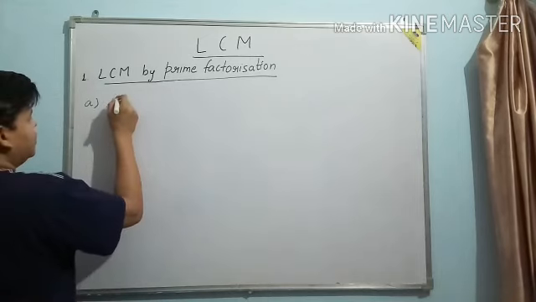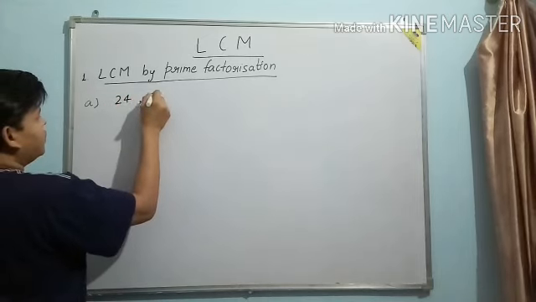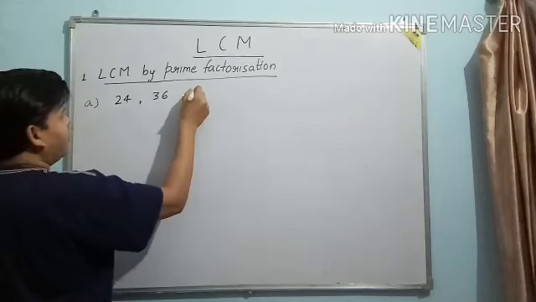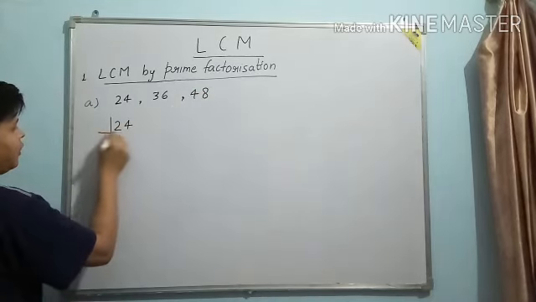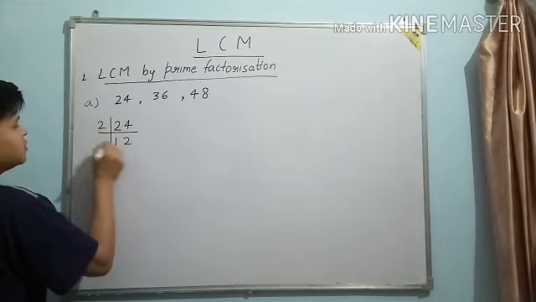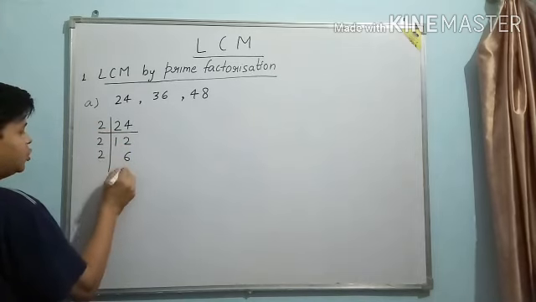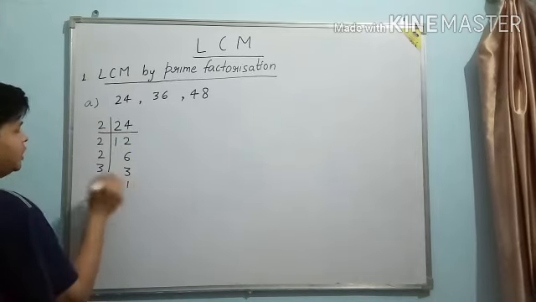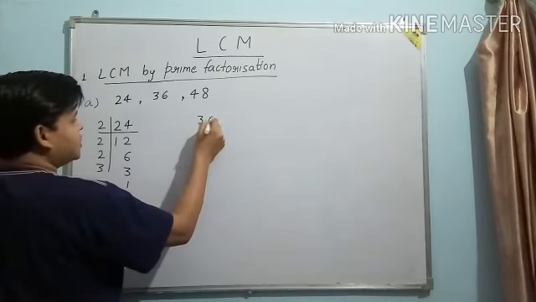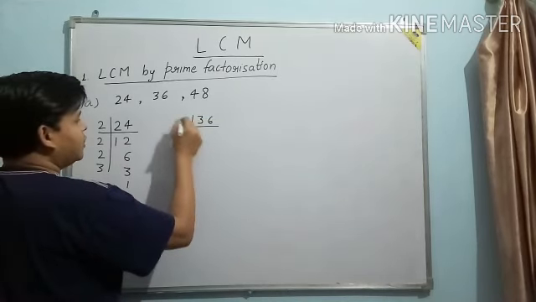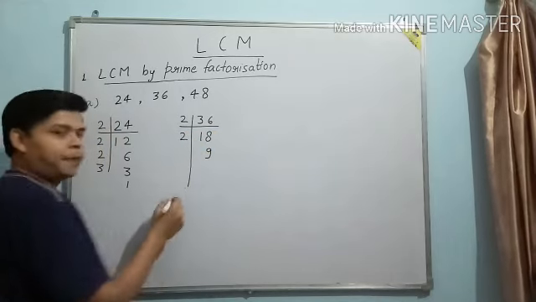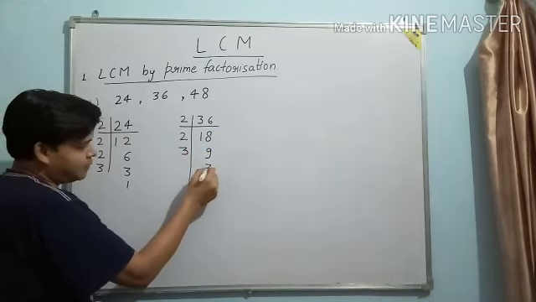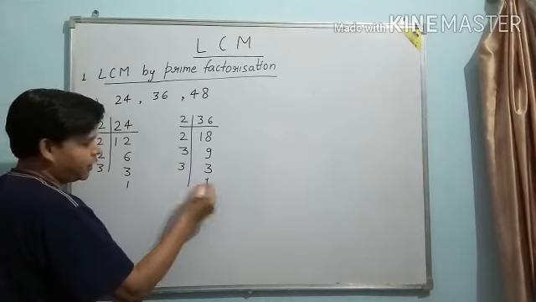Say 24, 36 and 48. So for 24, 12 times, 6 times, 3 times and 3 1 time. Similarly for 36 we will do 18 times, 9 times, then 3 times and 3 1 time.